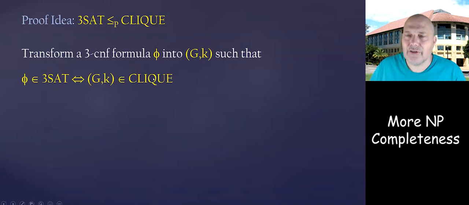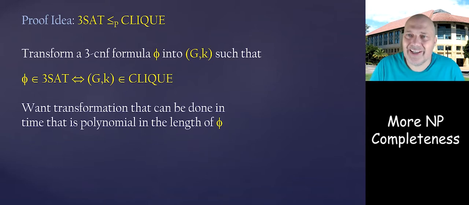And here is another cautionary point: usually we will create the reduction in a way that would make one direction easy, and we need to remember to prove the other direction. Because A, that's one of the things we need to do, we need not to forget it. But B, sometimes it will just be wrong. We'll build it in one way, but the vice versa would not be correct.